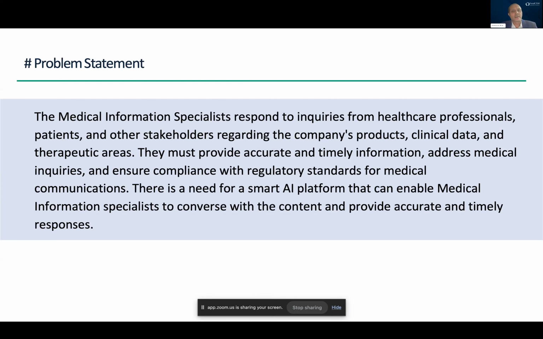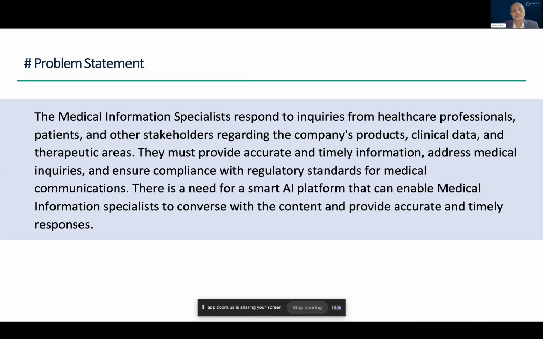Just to give a quick background, take a medical information specialist in the life sciences industry. If a drug is being consumed by a patient and he gets some side effects, he would call up a doctor and say, hey, you prescribed this and I got some side effects. Then the doctor, based on his knowledge of the product, could immediately respond to the patient, or he'll file something called a medical information request to the company, right?